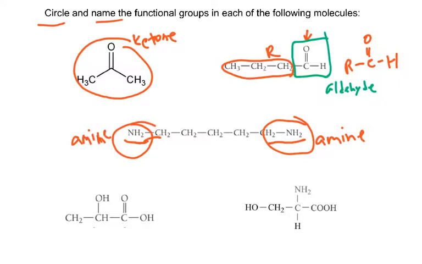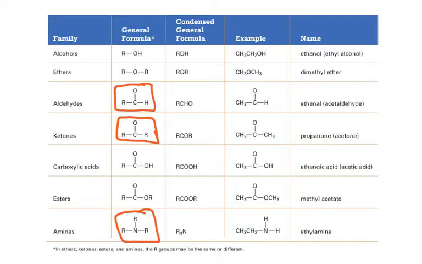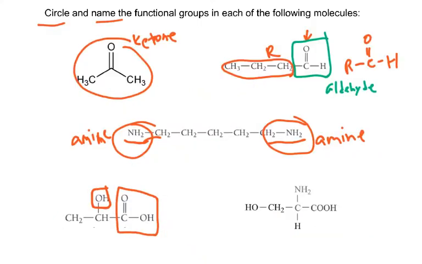Down on the bottom left, we've got an OH here, and we have this over here, this COOH group. I can zone in on them pretty quickly because I know my stuff. The OH is an alcohol, and that COOH group is a carboxylic acid.